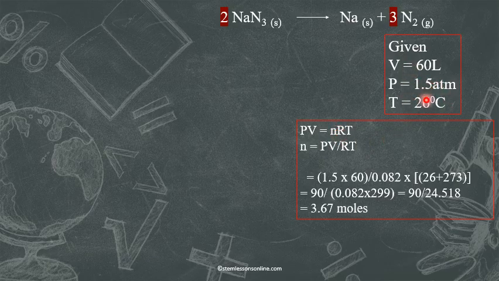I am substituting everything, converting the degree Celsius to Kelvin, and we have pressure given, we have volume given, and we know the R value, and now we know the temperature in Kelvin as well. So first we calculated the number of moles because we already have the balanced equation. So second step, number of moles calculation.